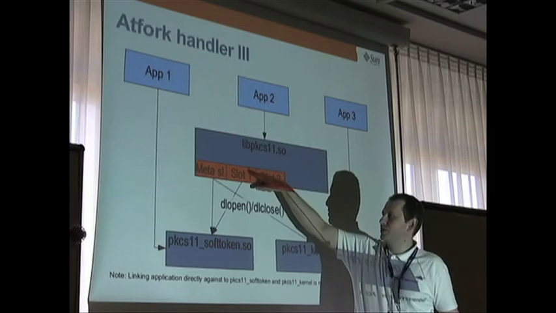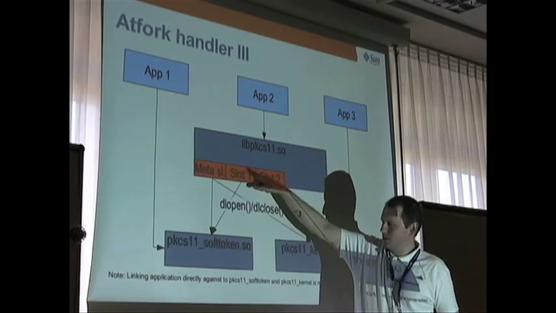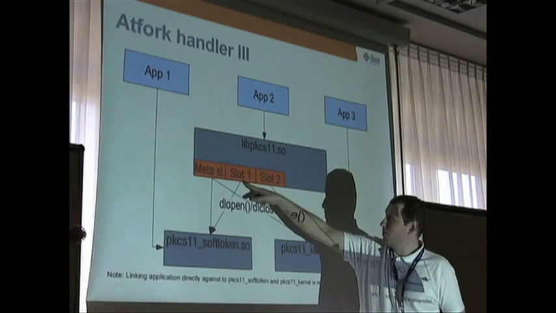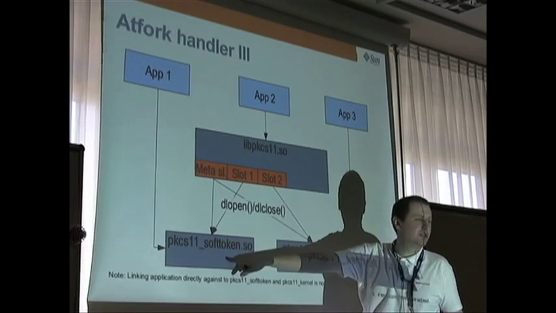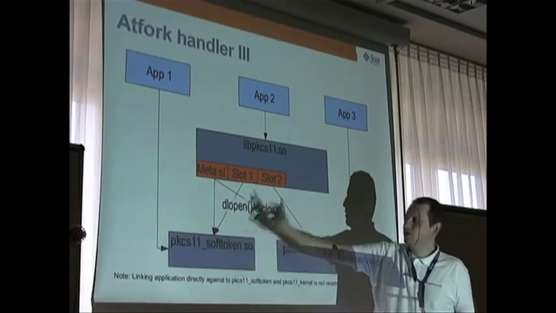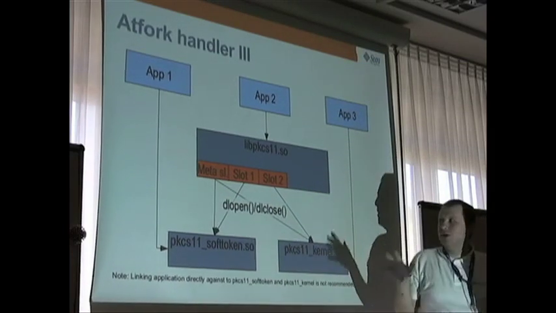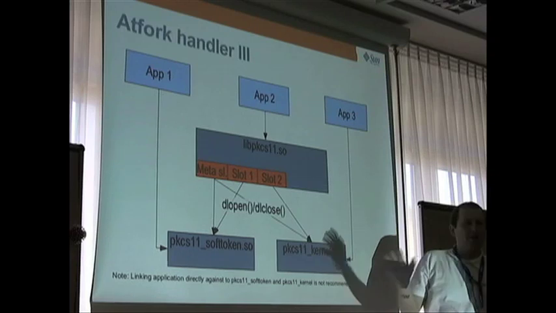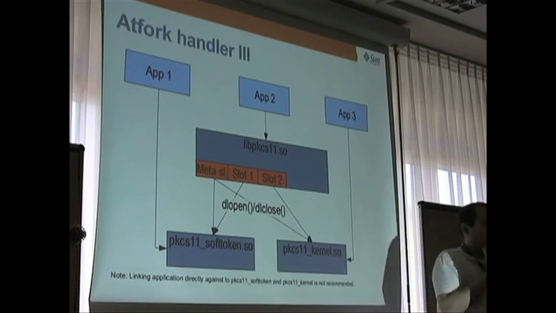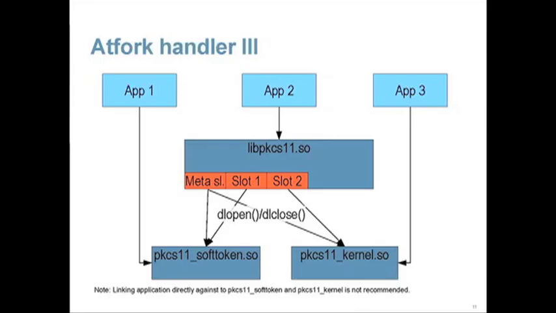You call the functions, and libpkcs11 calls the same function in this library. It's okay. But the meta slot is an intelligent slot which says, okay, for this cipher we use the kernel because it's faster, or it's not supported in the soft token.